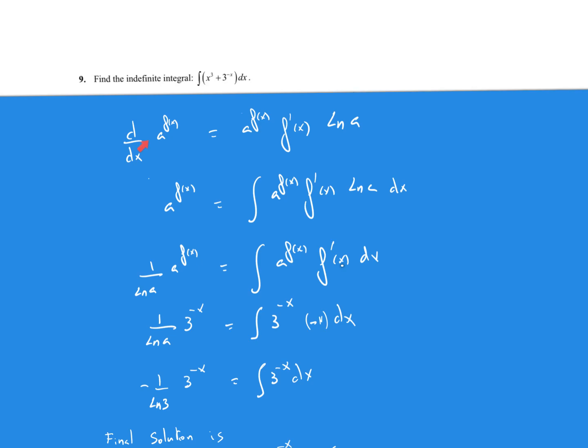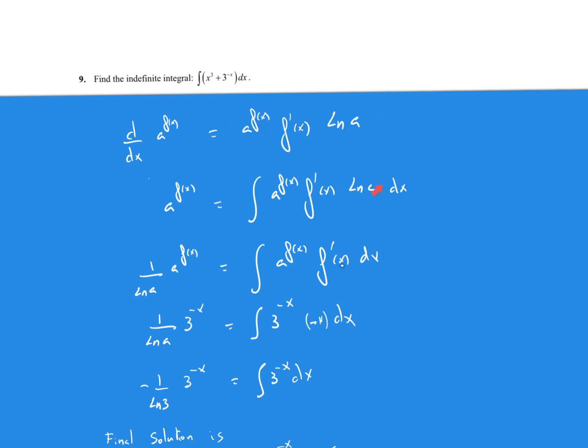So what have we learned from the last problem? We have learned that the derivative with respect to x of a raised to a function f of x is a to the f of x multiplied by f prime of x by the natural log of a. So this equation takes you to an integral equation that says that the integral of the derivative with respect to x of a to the f of x, the integral of the derivative is the function a to the f of x, is the integral of this expression.